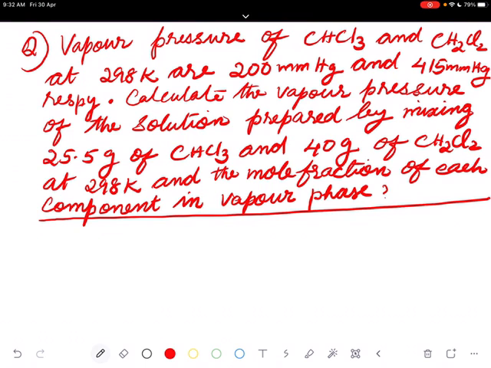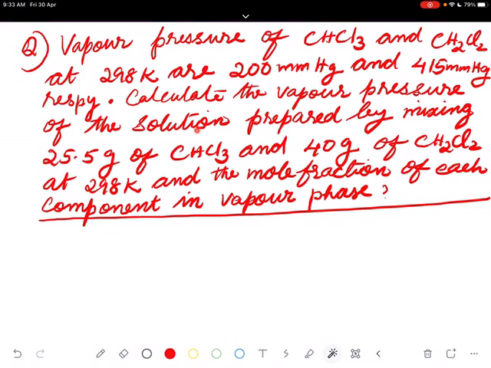Vapor pressure of CHCl3 is 200, CH2Cl2 is 415. Calculate the vapor pressure of the solution prepared by mixing. See, the question is to calculate the vapor pressure of the solution, that is P total, prepared by mixing so and so.